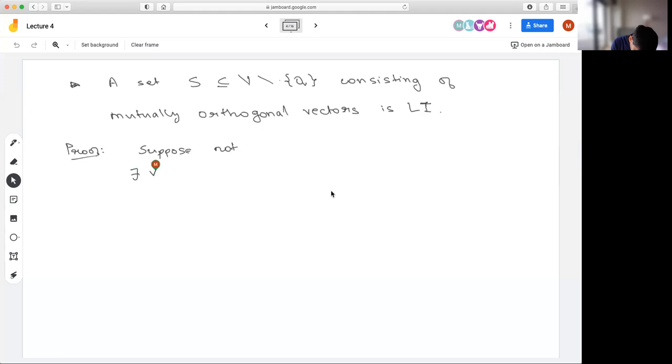Then there exist some vectors v1 to vn in the set, and coefficients c1 to cn in whatever field we are working with, which can be either reals or complexes, such that c1 v1 plus c2 v2 and so on equals 0, and the coefficients are non-trivial, so not all of them are 0.